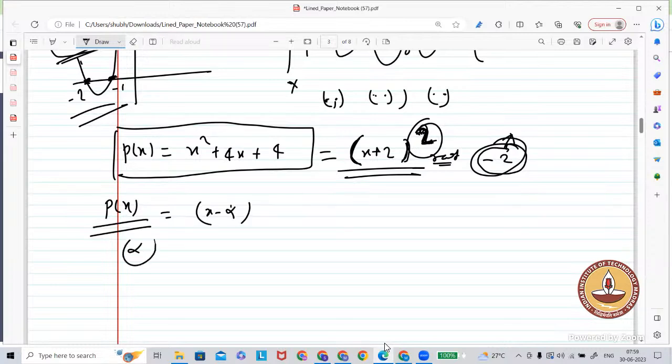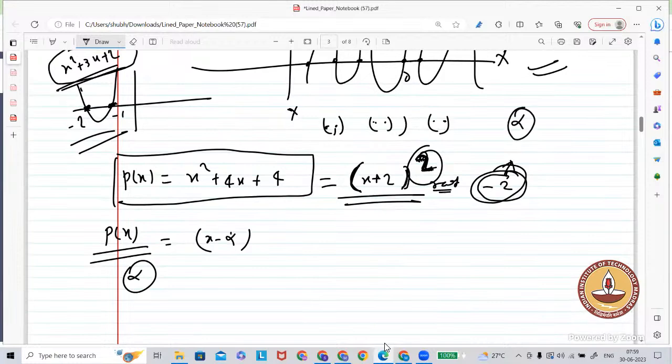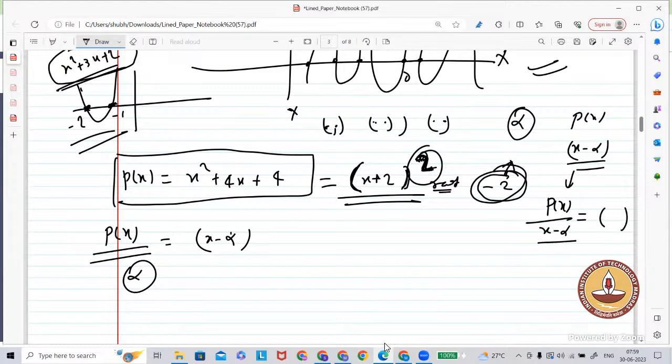So one thing here I didn't tell you: if alpha is a root for a polynomial P(x), that means x minus alpha is going to be one factor of it. In different words, if you divide P(x) by x minus alpha, you will get a simple quotient and you will get remainder as 0.